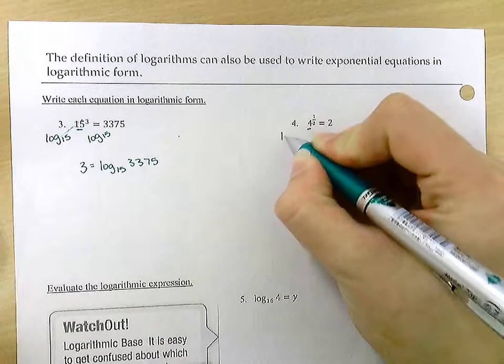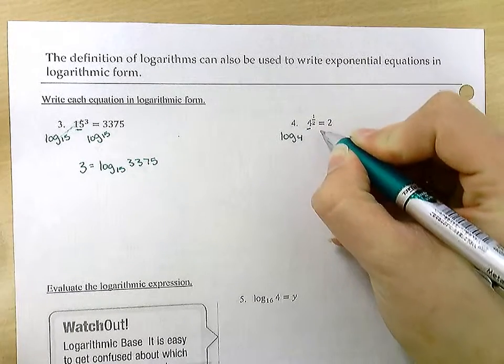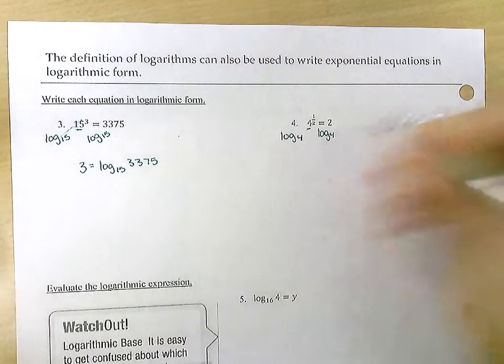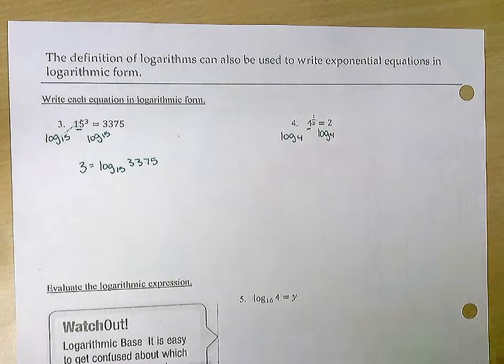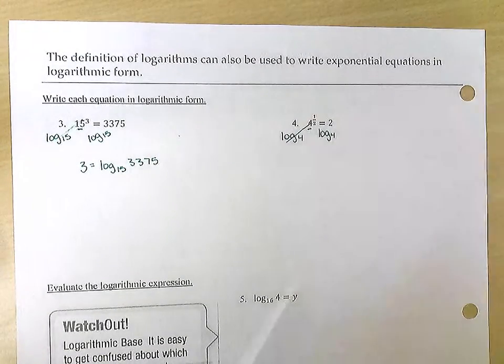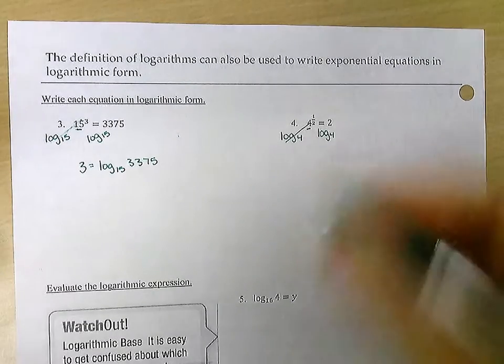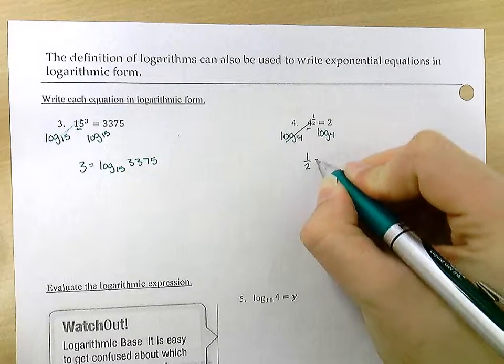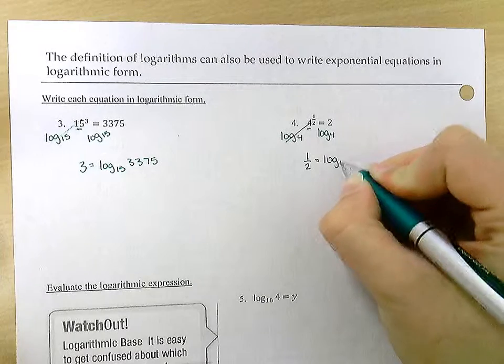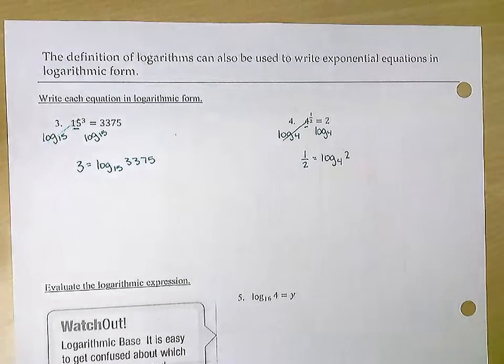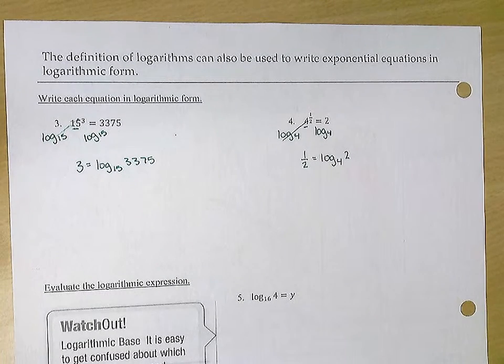Okay, so I'm going to bring in a log base 4 to both sides of my equation so that it cancels out that base 4 there. So I have 1/2 is equal to log base 4 of 2. Okay, so we can interchange between exponential and logarithmic.